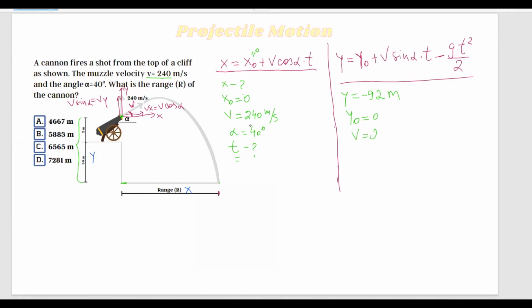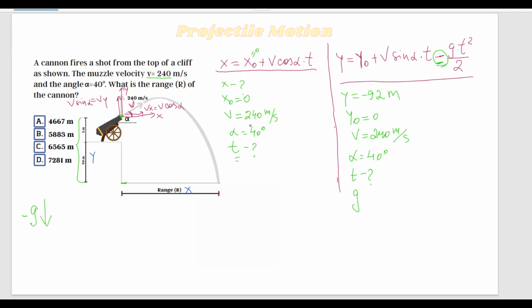V, we have V as 240 meters per second. We have alpha as 40 degrees. And again, we don't know t. g is the gravitational acceleration, and g is positive going downwards. In our case, since we're going upwards, g is going to be negative. Thus, the sign given in the formula.